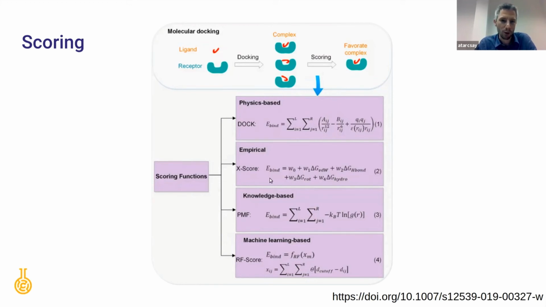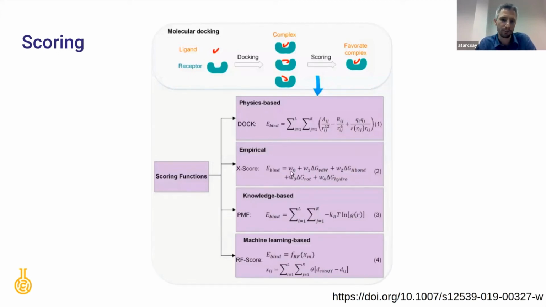There are empirical scoring functions, since what I said about the complexity, that takes into account the rotational bonds, the hydrophilic interactions, the van der Waals contacts, H-bond contacts, and this is fitted against a large set of observed protein-ligand complexes with known affinity data.